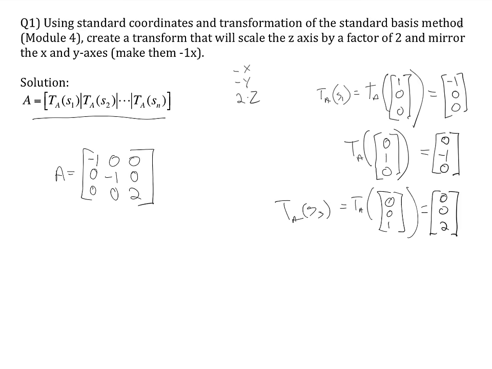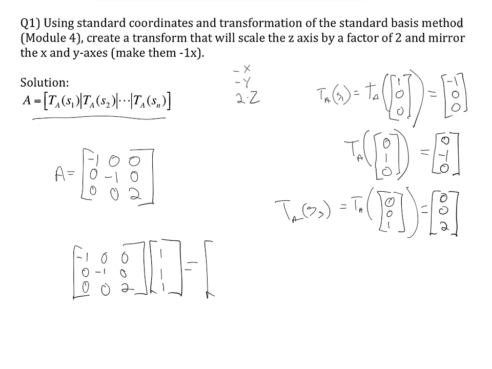Okay, so there we go. We could multiply some vector by that. Let's multiply the vector 1, 1, 1 and see what we end up with. And we should basically get our rules back. So we have -1, 0, 0, 0, -1, 0, and 0, 0, 2. Multiply by 1, 1, 1, and see what we get.